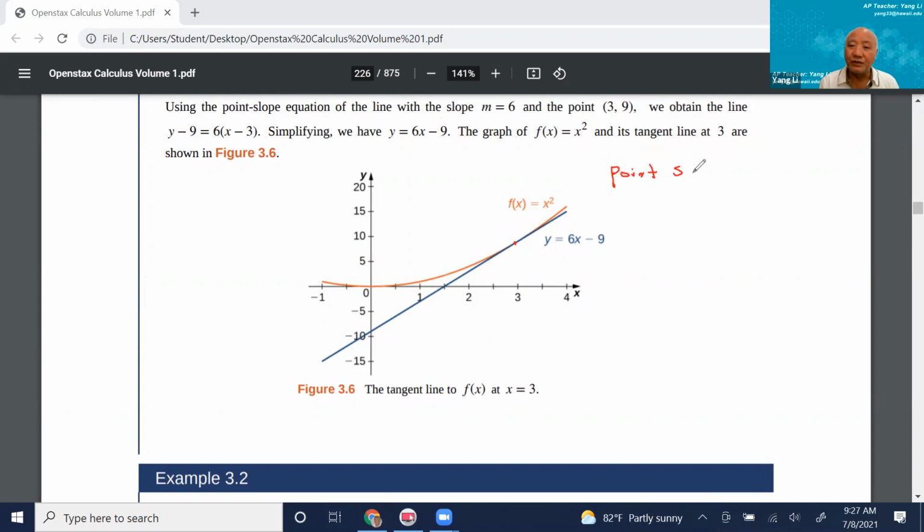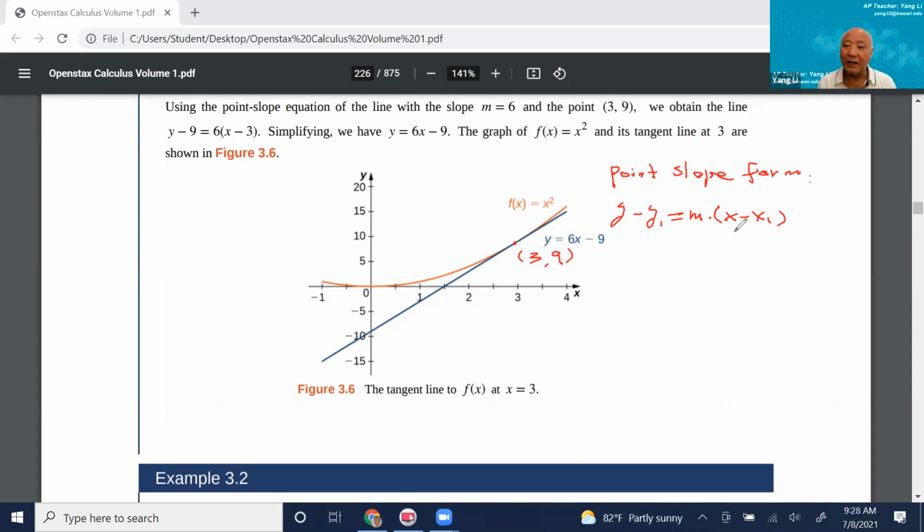We use the point-slope form. It will be easier in this case, okay? So we go what? y minus y1 equals the slope times x minus x1, like this. And right now, at this point, we know that this is x equals 3, right? And the y equals 3 squared is 9, like this.